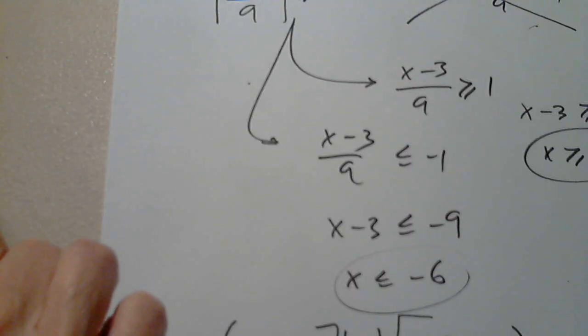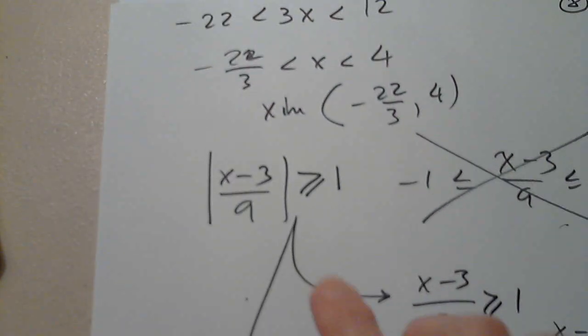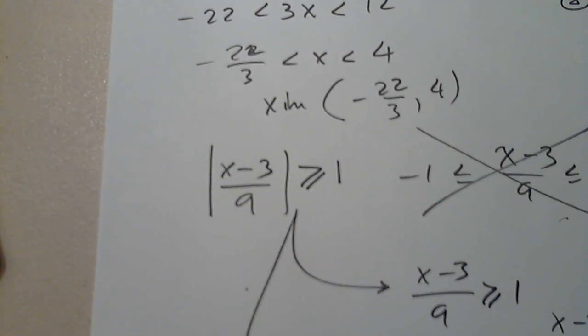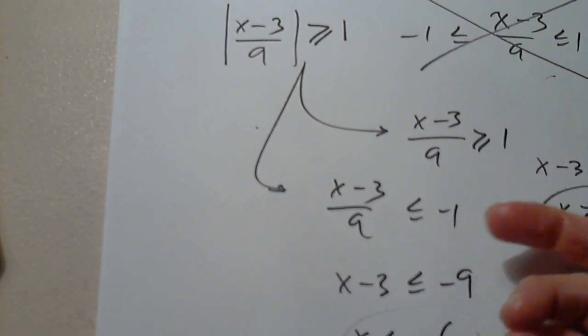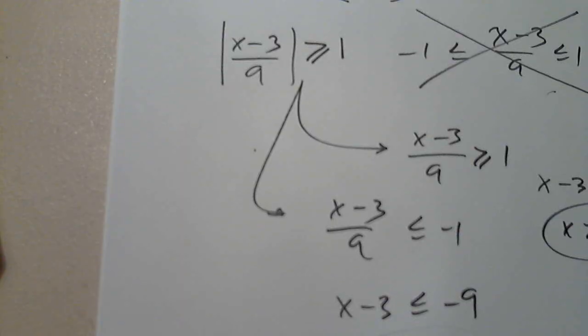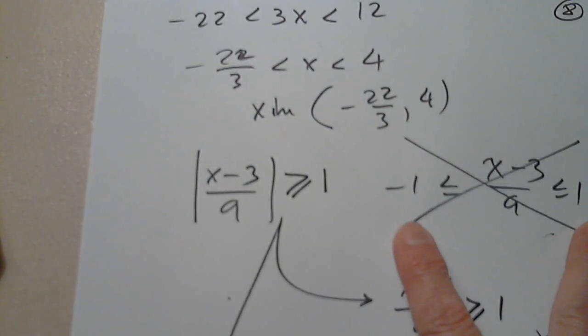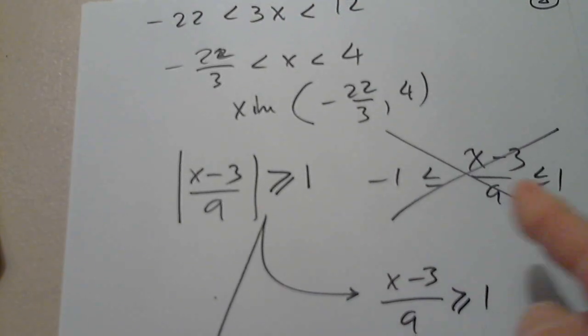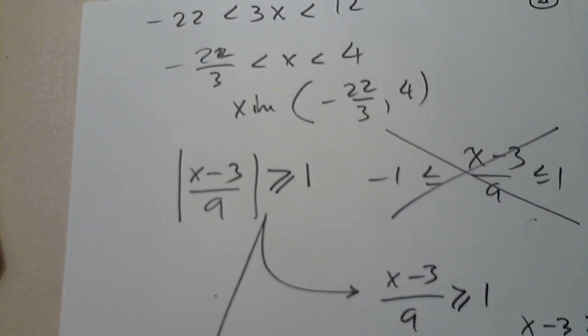Do you have another one of those problems we can look at? Yes. So if it's greater than, you just have to write the outside. Outside meaning to the right-hand side of 1, left-hand side of -1. Because I said this is not this. It's not the in-between. It's to the right of 1, to the left of -1.